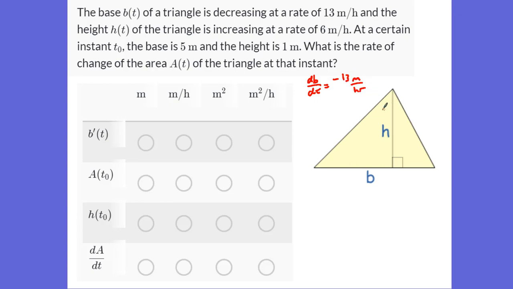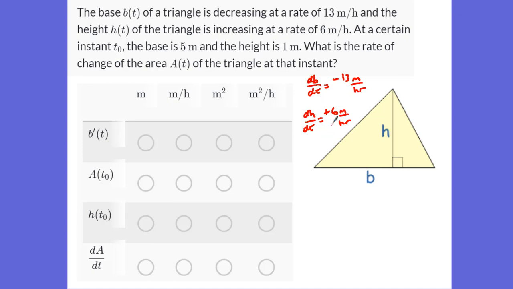So that is the change of b with respect to time. And the height of the triangle is increasing. So that's dh over dt is positive 6 meters per hour. And again, you can see this is not just b and h. This is dB over dt and dh over dt.